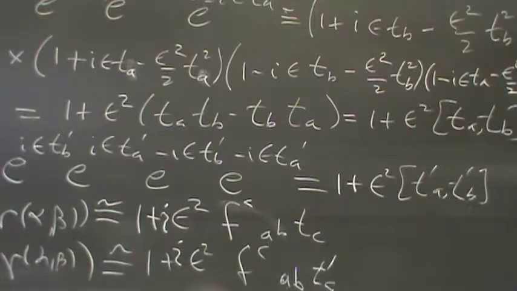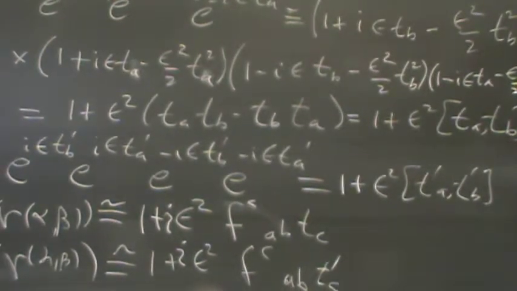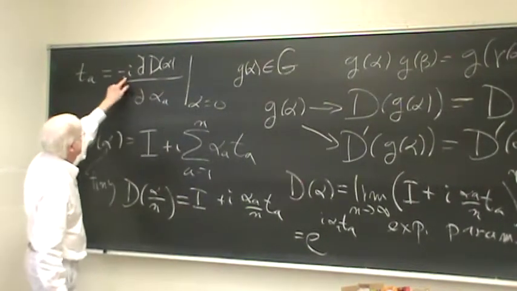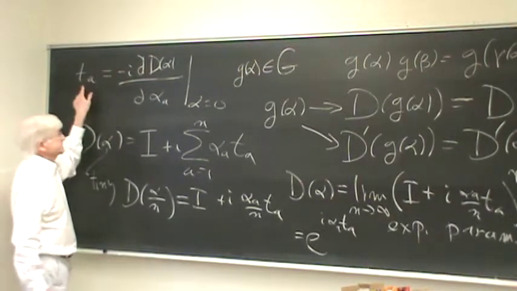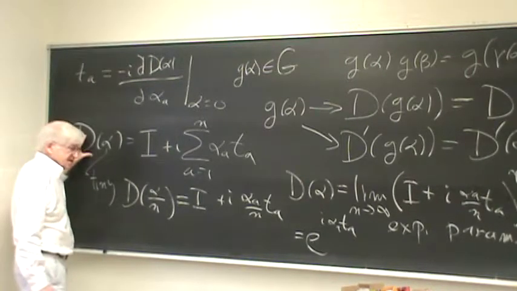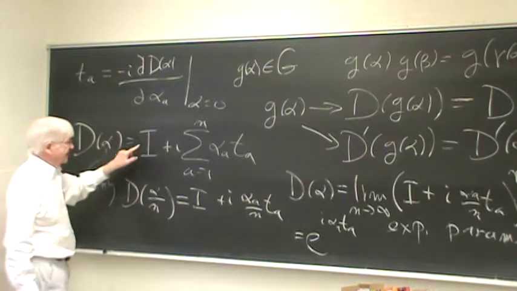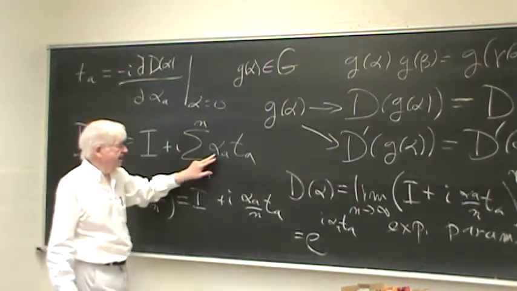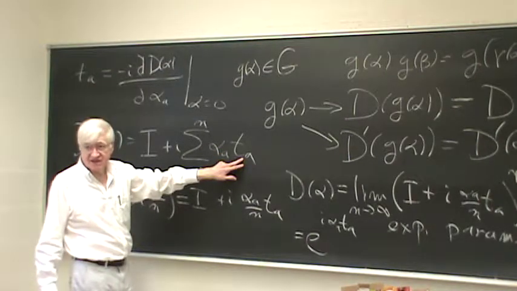Let's look over here. The generators are minus i times the derivative of the matrix with respect to the parameter, which gives you the generator. The representation of the group element corresponding to the parameters alpha, if we're near the identity for infinitesimal alpha, is the identity matrix plus i, real parameters alpha, and then matrices TA.